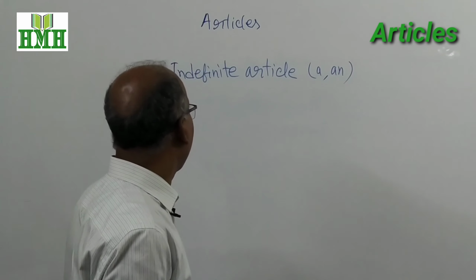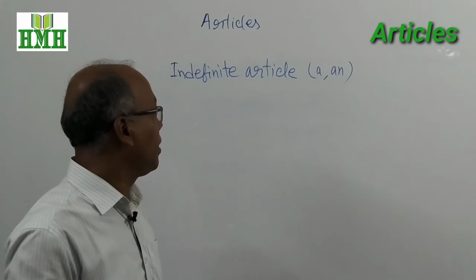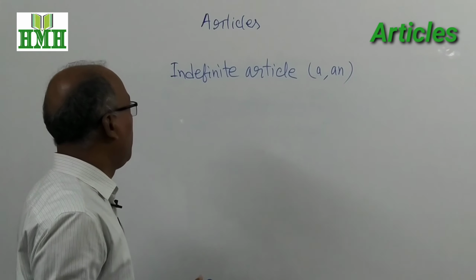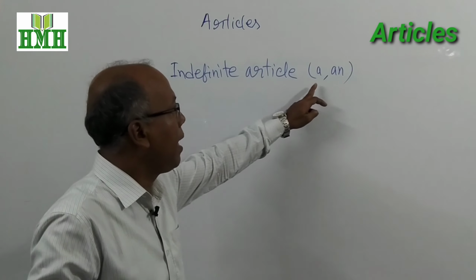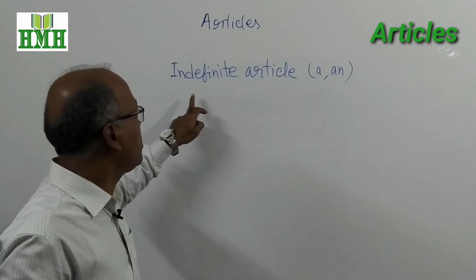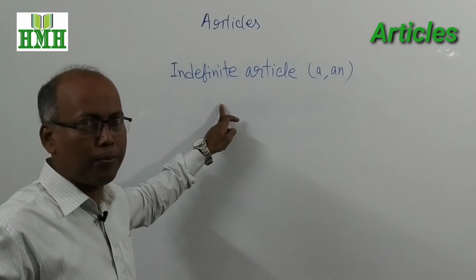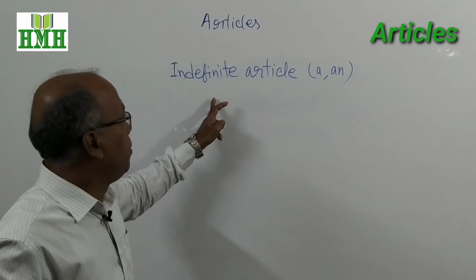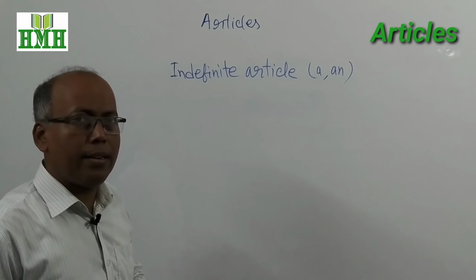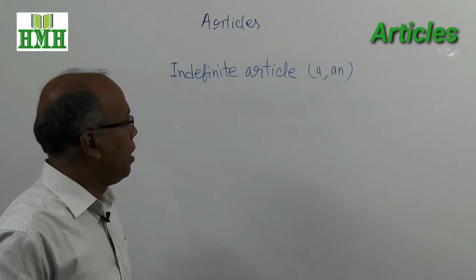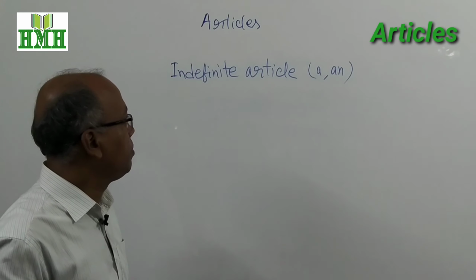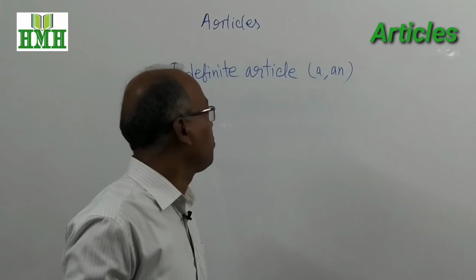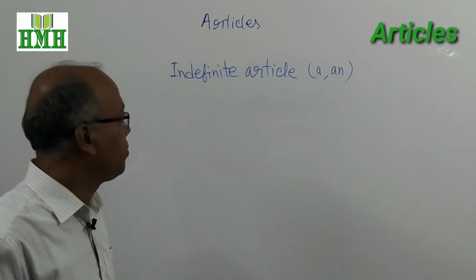A and an are called indefinite articles because a and an refer to an indefinite person or thing. Basically, a and an have no difference, but in usage there are differences.